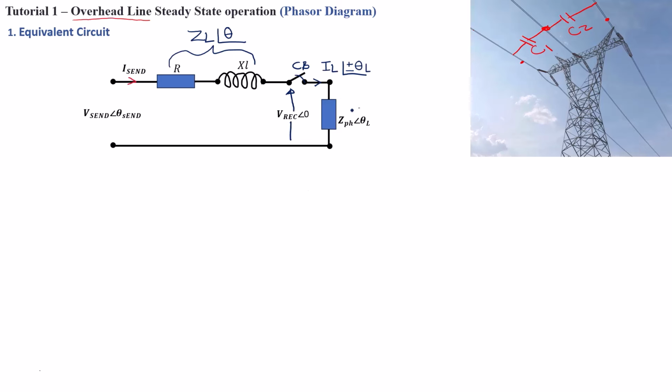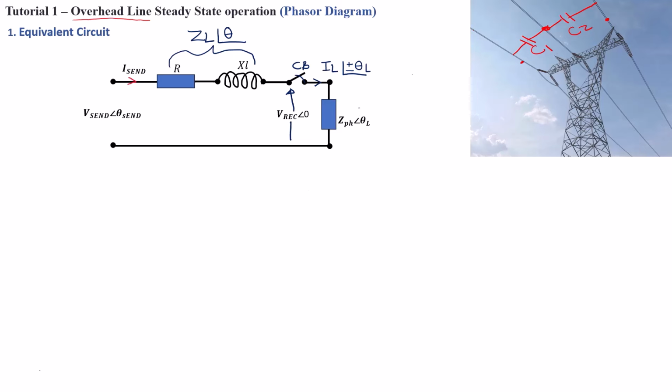If this load is purely capacitive, that means the current will lead the voltage by 90 degrees, so you're going to have a positive angle for the current. And inversely, if the load is purely inductive, meaning the current lags the voltage by 90 degrees, you're going to have a negative angle of the current.